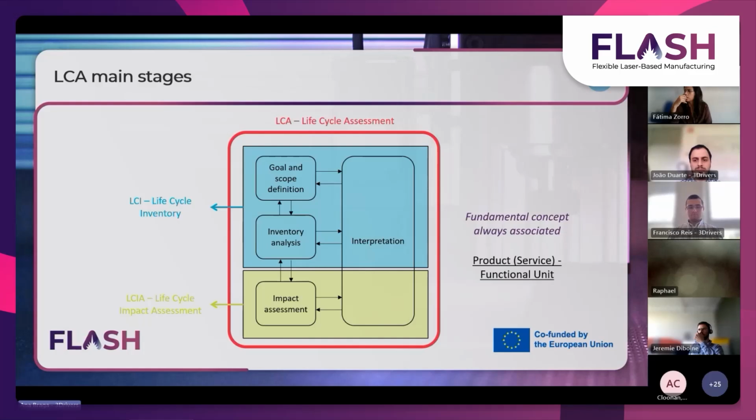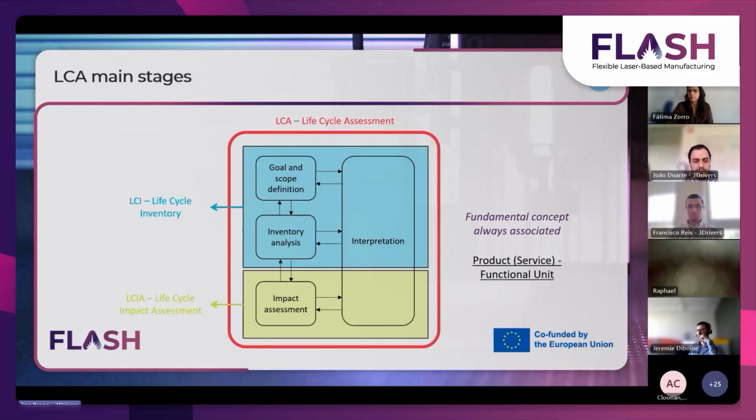Or it can be a production cycle, for example, to study the durability of a certain component. It can be decided that the functional unit will be 1,000 cycles of production of, for example, extrusion or another process. So it can be defined in several ways.